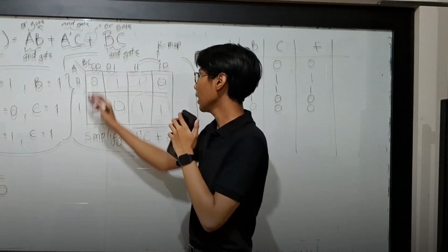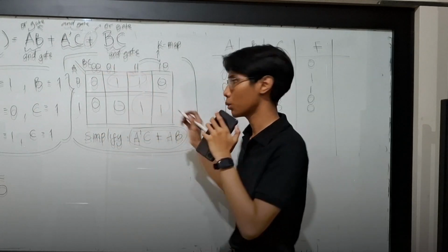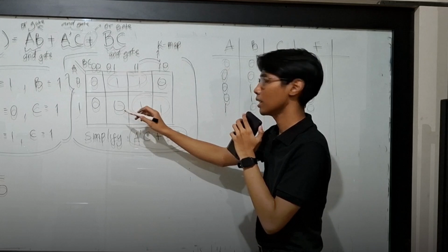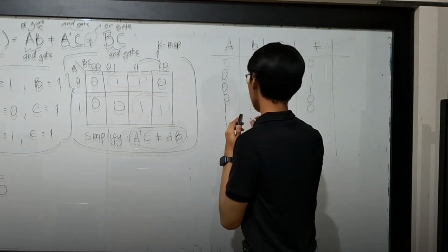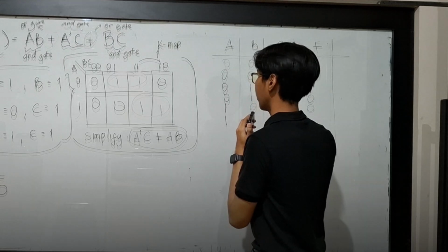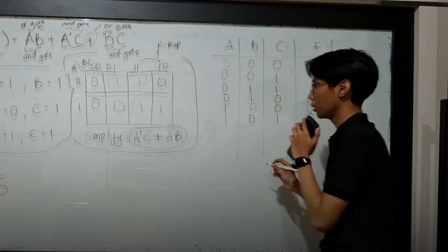Next, A 1, B 0, and C equals 1: 1, 0, 1, and the output is 0.